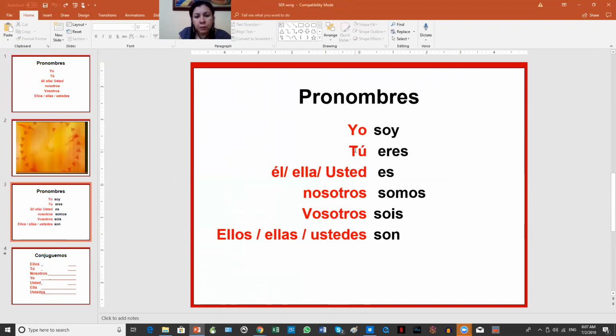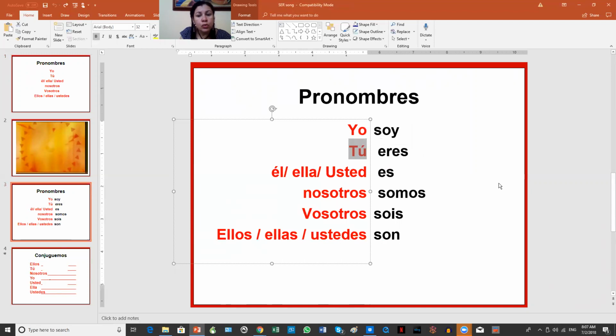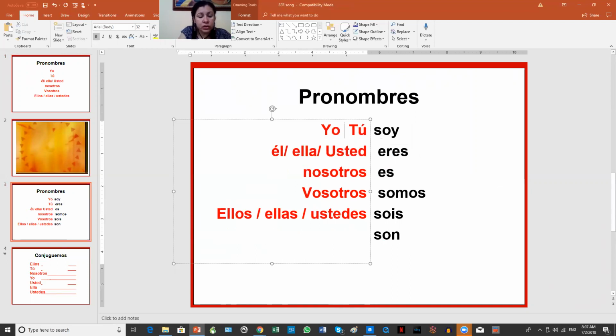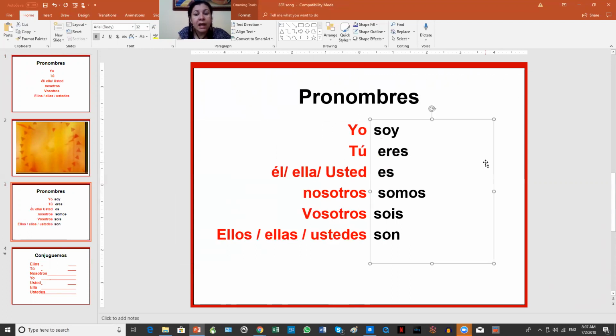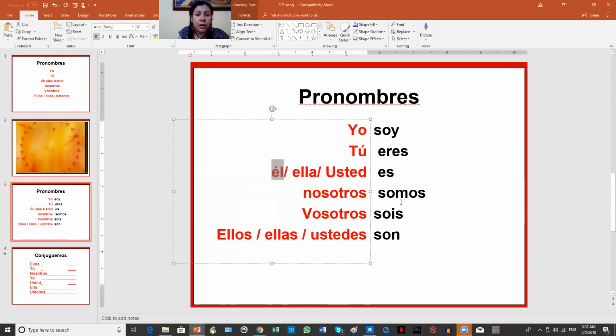Other important aspects is that tú has an accent mark, but there is another version of tú. There is another tú that doesn't have accent mark. See, and él, there is another one.